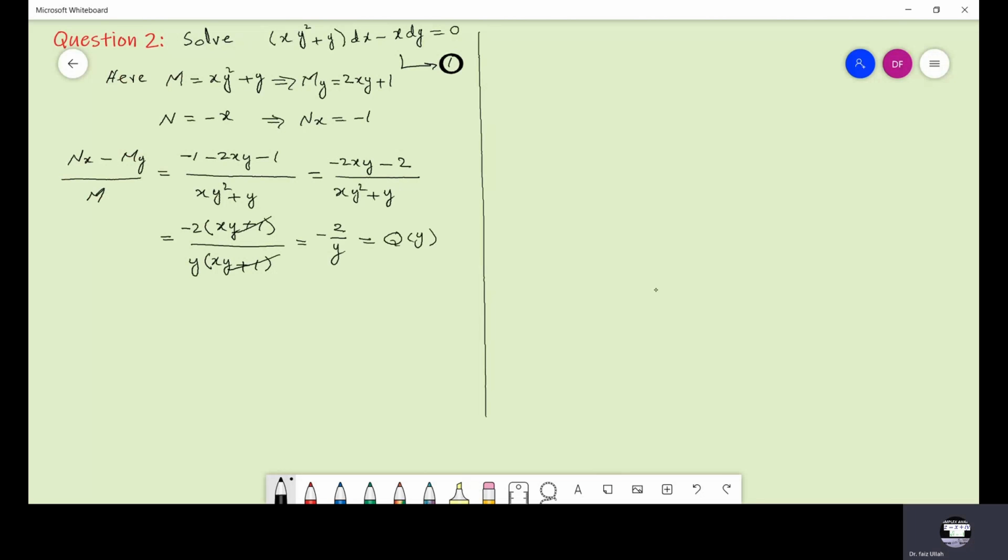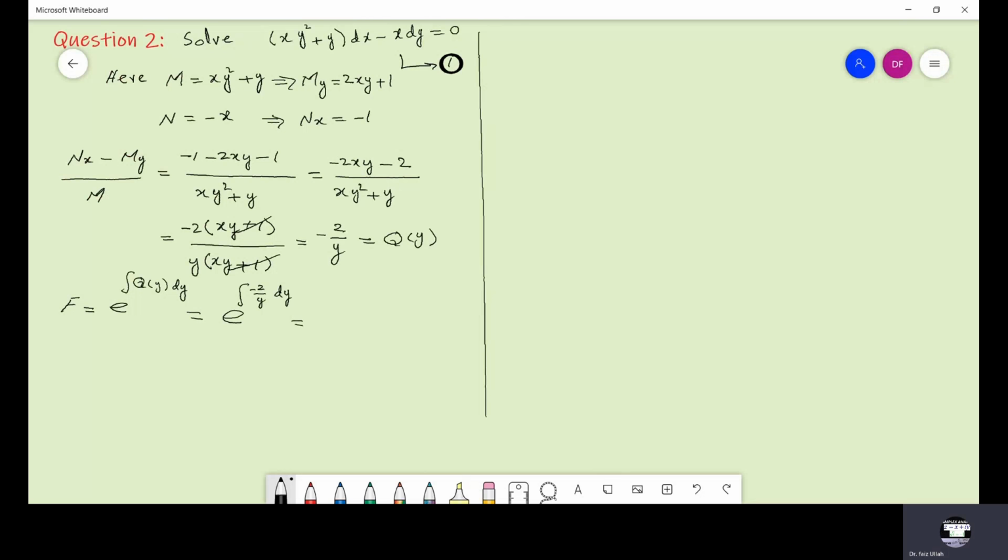This is equal to minus 2 divided by y, which is a function of only y. So the integrating factor for this problem is f equal to e power integration of q of y dy, which is equal to e power integration of minus 2 divided by y dy.